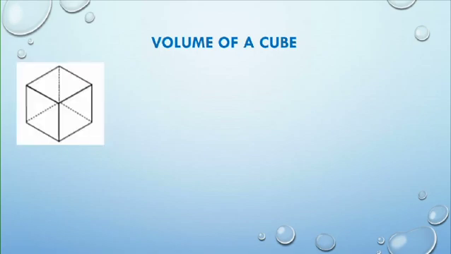Let us consider this example. Suppose I have a 3 centimeter cube and I want to completely fill it with 1 centimeter cubes. So how many 1 centimeter cubes will I need in all to completely fill in the 3 centimeter cube?